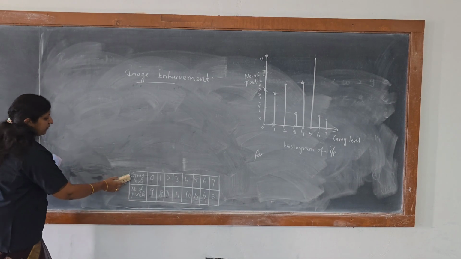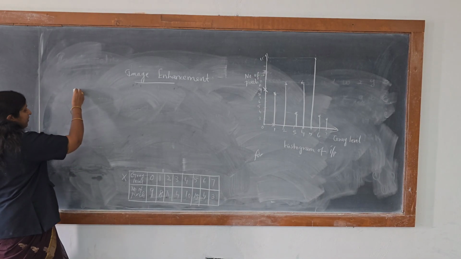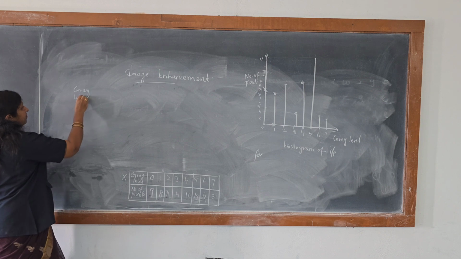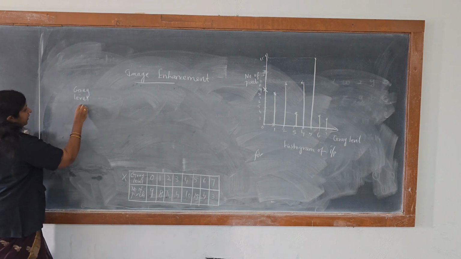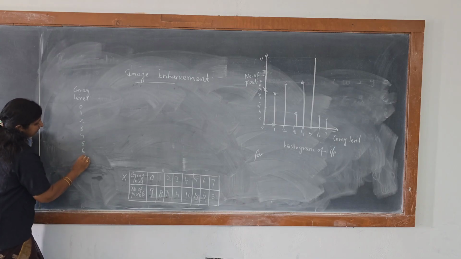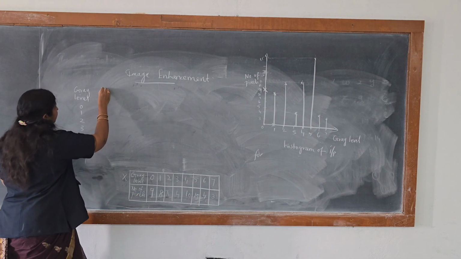So first write the gray level and number of pixels in the table. Gray levels 0, 1, 2, 3, 4, 5, 6 and 7, and number of pixels.